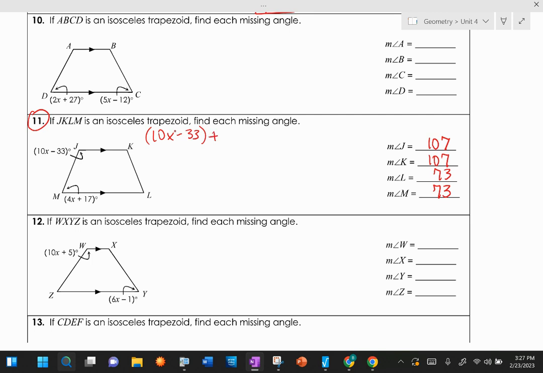So I add 4x plus 17 to it and set it equal to 180. That gives me 14x minus 16 equals 180.